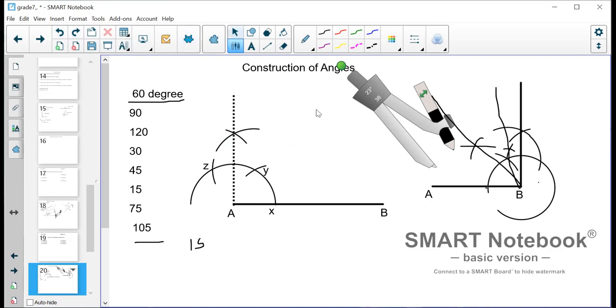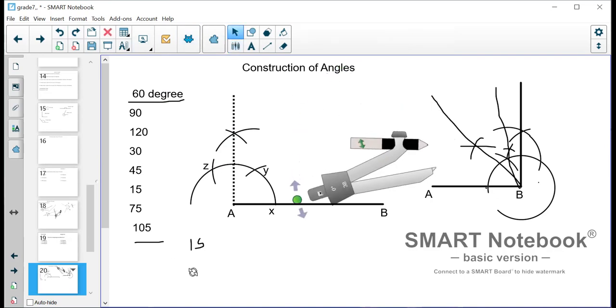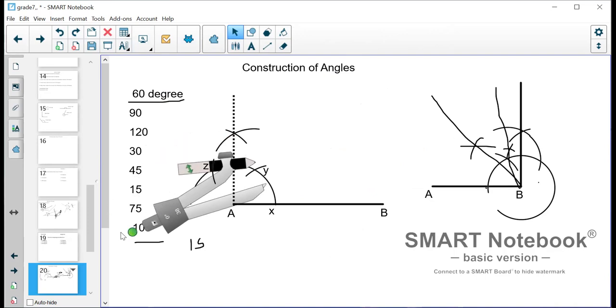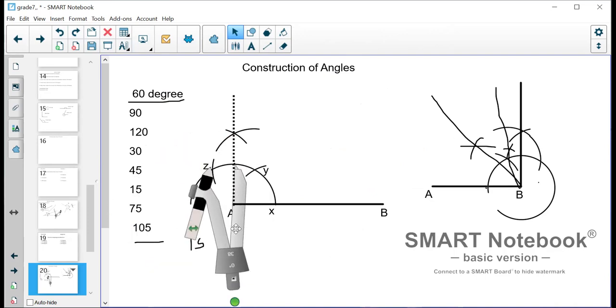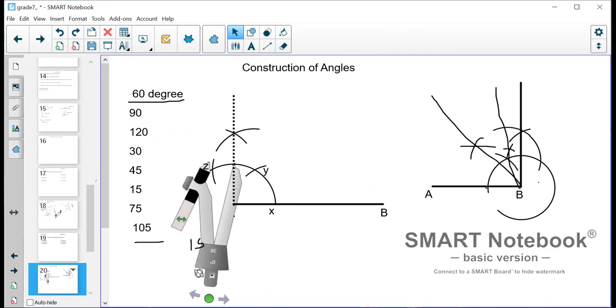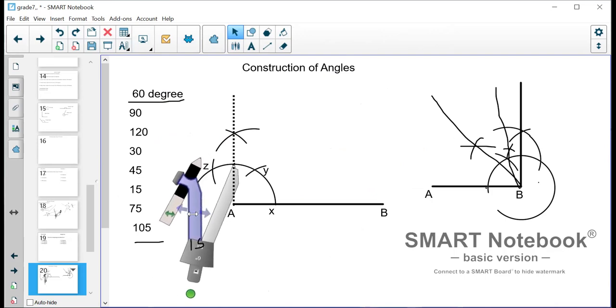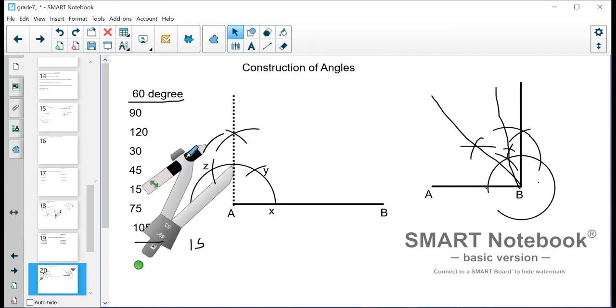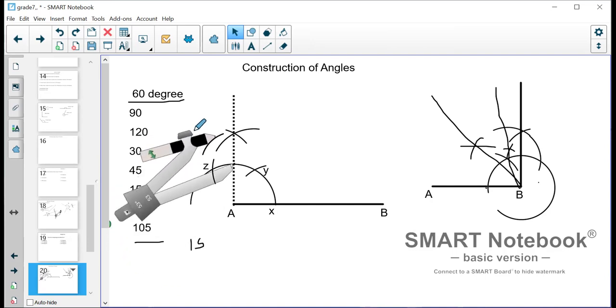So we follow the steps again. We go from 90 in this case. Right, we go from 90, we open to somewhere close to 120. Or if you want, you can open it a little bit more and you scribe an arc in this general direction.